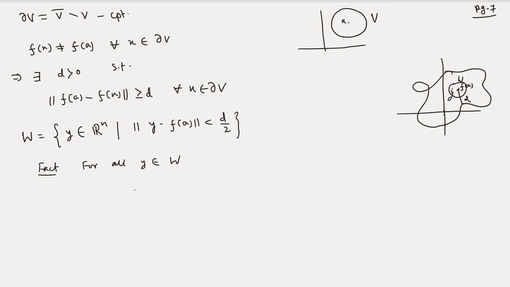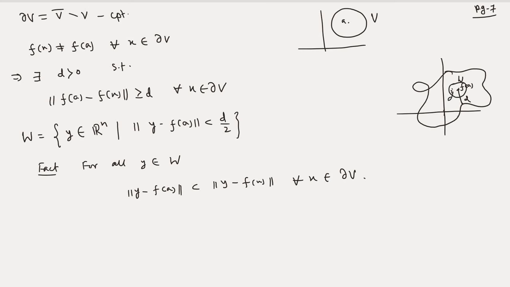That is, norm of y minus f(a) is strictly less than norm of y minus f(x), and this happens for all x in the boundary of V.